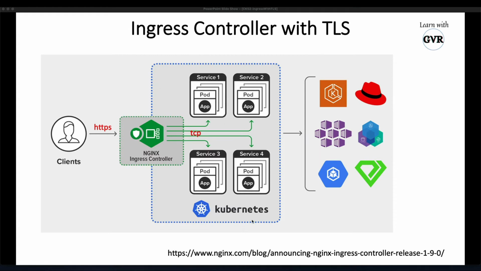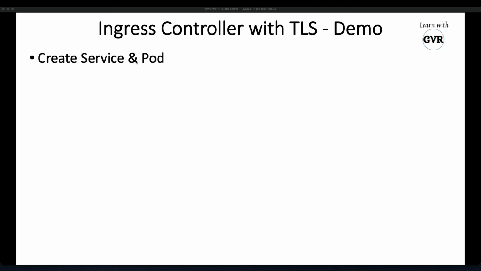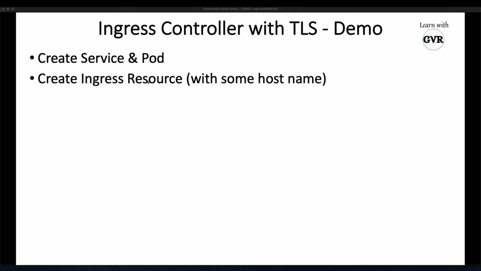In order to do the demo, first I need a Kubernetes cluster, and then we'll create a pod with a service, and we will create an ingress resource with some host name, so that I will be able to access it from outside. This is just a simple ingress, but here we need TLS.